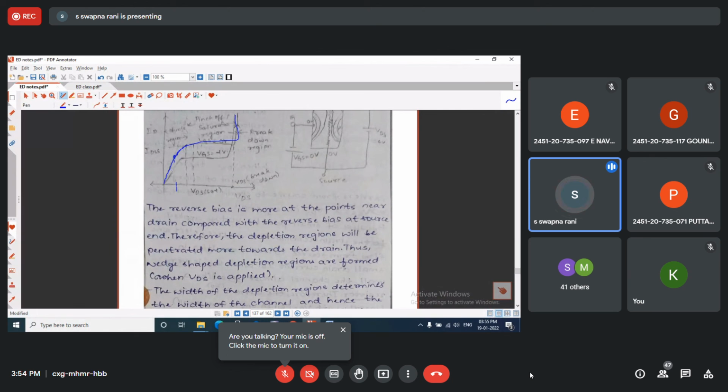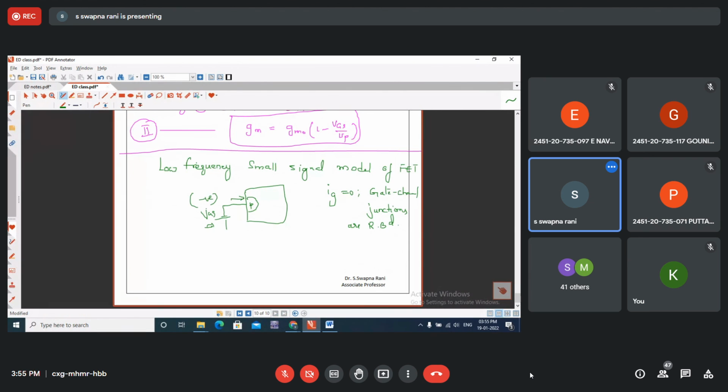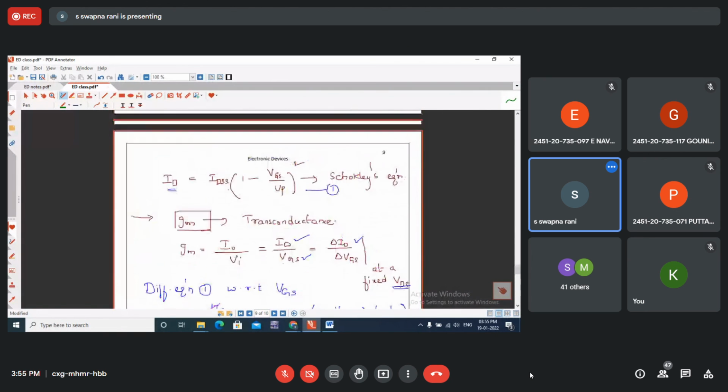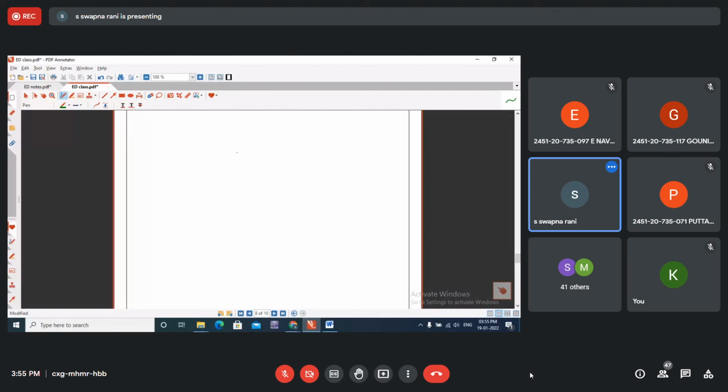So the portion over which current increases linearly with VDS is called the ohmic region.